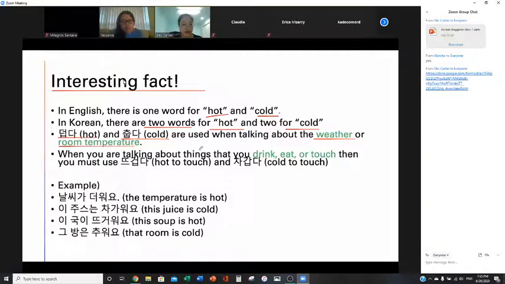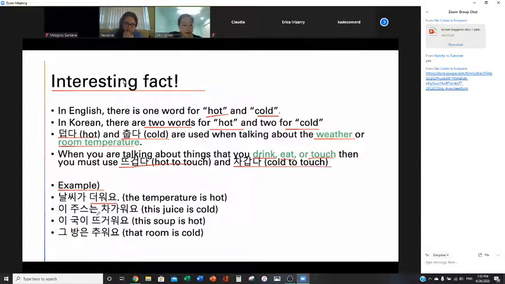Also, when you want to describe whether something is cold or hot when you drink, eat or touch things, then you will use 뜨겁다, hot to touch, or 차갑다, cold to touch. So here is an example. Whenever the weather is hot, you will use 더워요. Because this is the weather, you use 더워요, the basic form of 덥다.